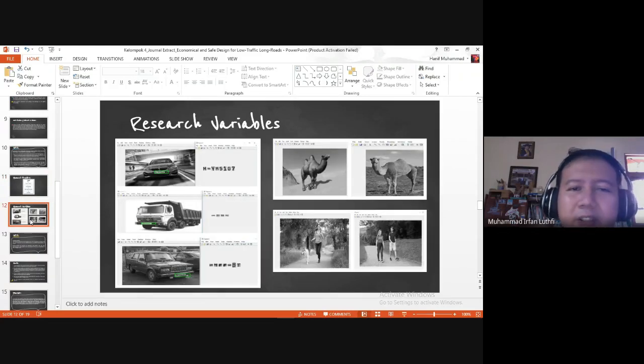The question is, why do they need to recognize the plate number when they only need detection of the moving vehicle? Because they just test on non-car images and car images. So when the camera detects a non-car image, the lights will not turn on. But when they can detect the car, then the light will turn on.